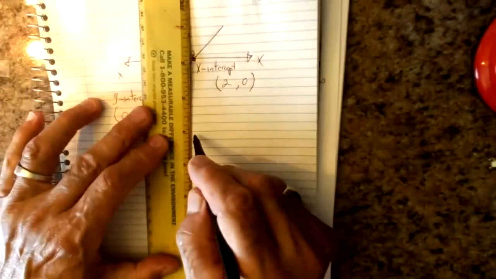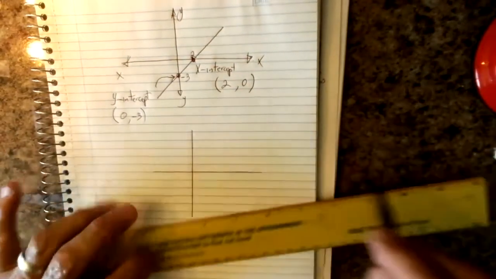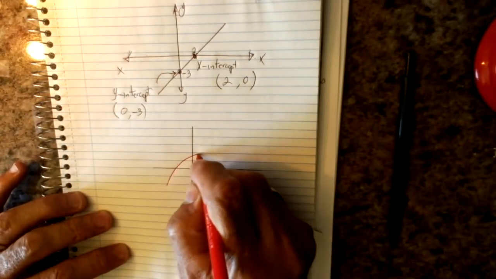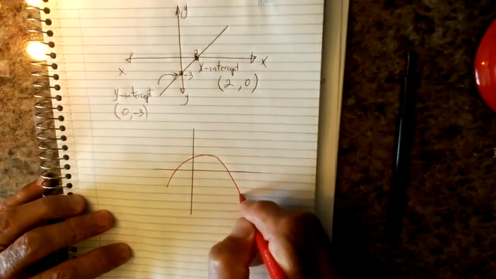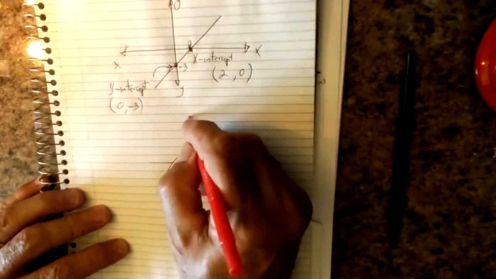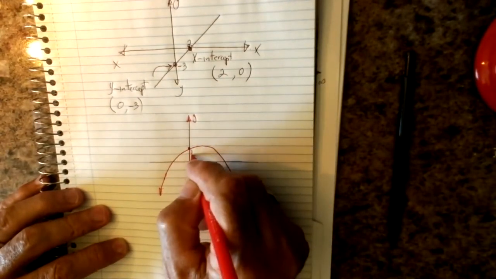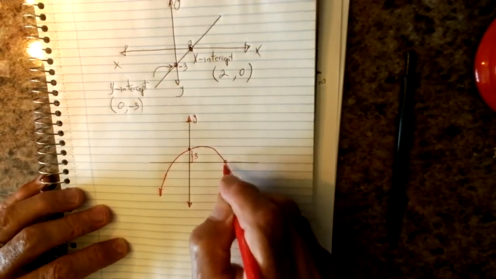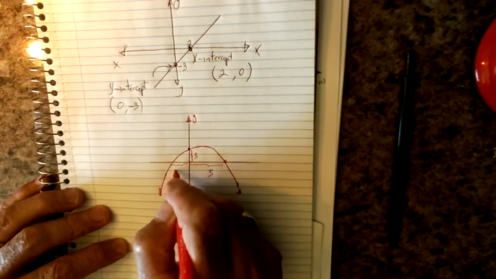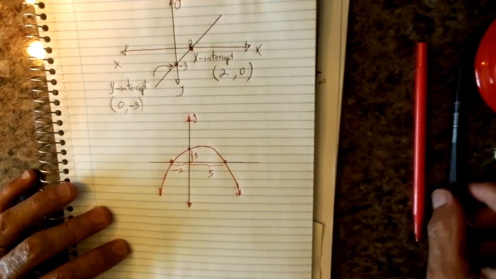Well, let's say you have now something like this. We have a graph like that. It is a parabola, all right? And this is the y-axis.